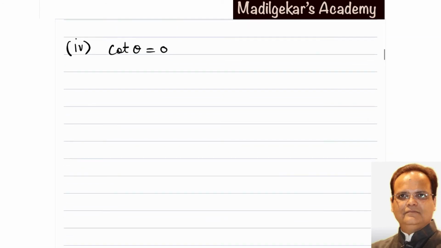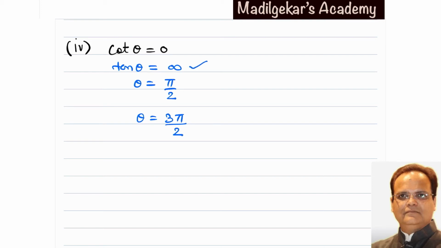Next, the fourth one, cot theta equals 0. If you convert it into tan theta, then it will be infinity. For which angle does tan become infinity? For pi by 2. Also, for 3 pi by 2, tan becomes infinity.